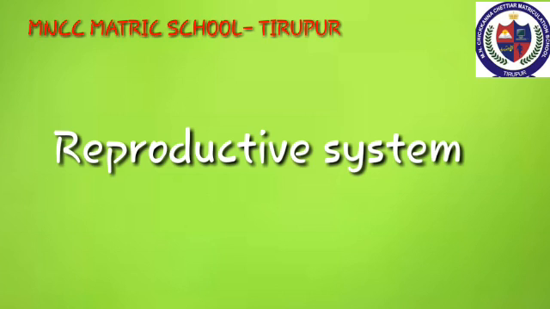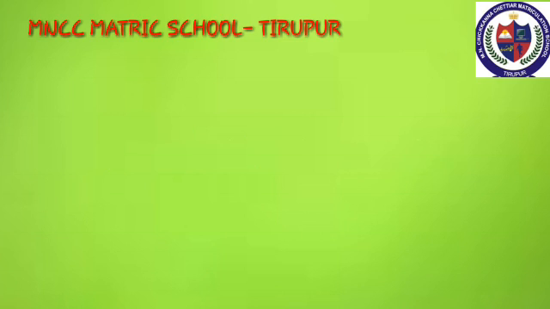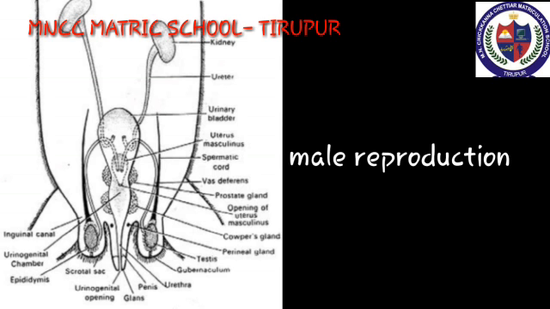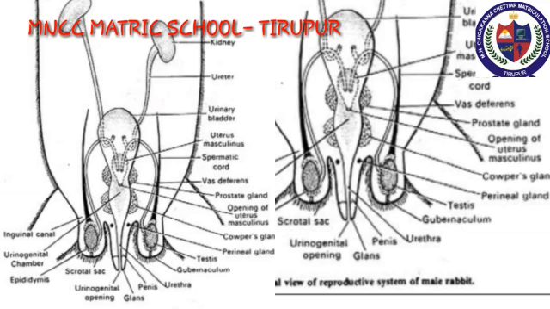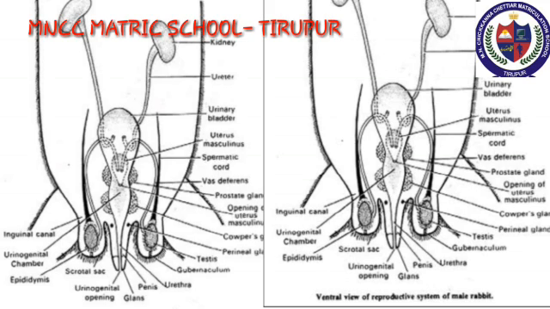The male and female sexes are separate and are morphologically different. The male reproductive system. The male reproductive system of rabbit consists of a pair of testes. Testes are enclosed by scrotal sacs outside the abdominal cavity. Each testis consists of numerous fine tubules called seminiferous tubules.